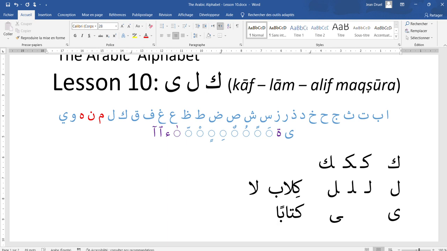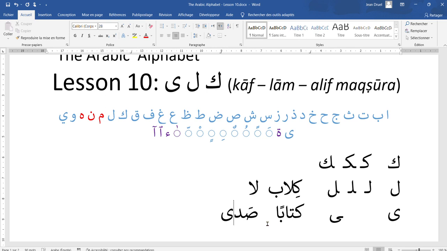Since this alif maqsura is an ending alif, it works exactly the same. So if we have that word, for example, sada, the fatha here is not compulsory. This is enough to say sada or sada as you wish.